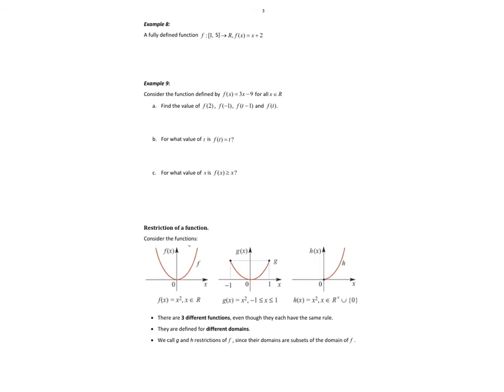So let's sketch this particular function. What does it say? Let's talk about what it says. We've got a function f. It tells me that the domain is from 1 to 5, and the rule is f of x is equal to x plus 2. Now that's the equivalent of saying y is equal to x plus 2 and x is an element of 1 to 5.